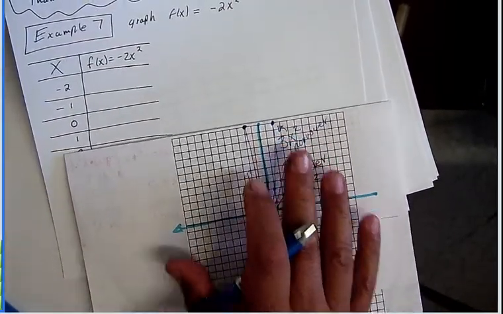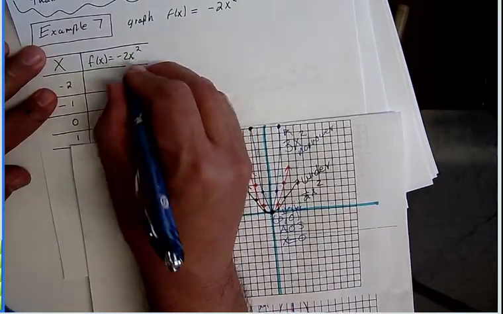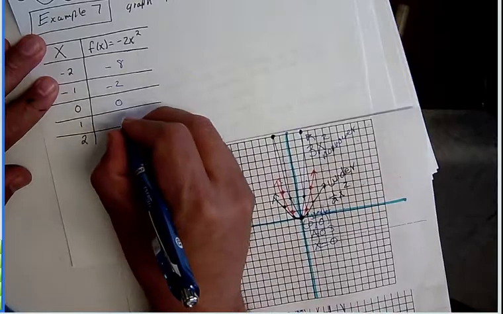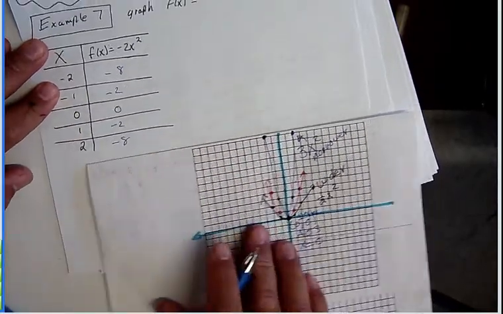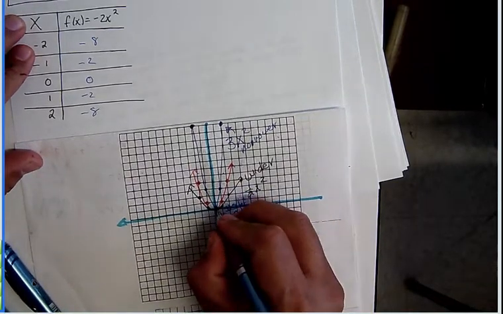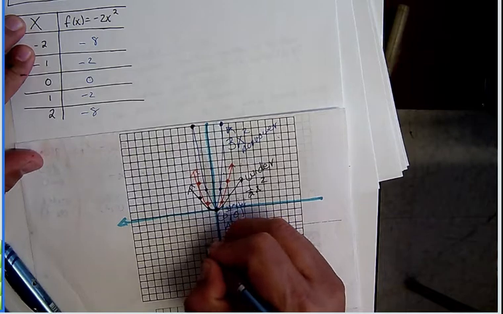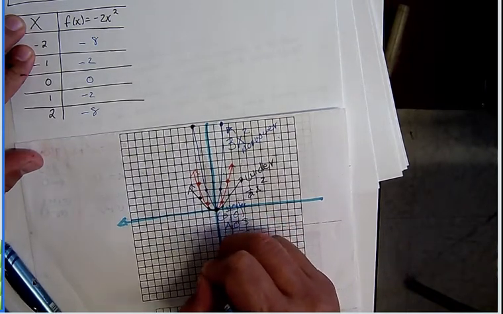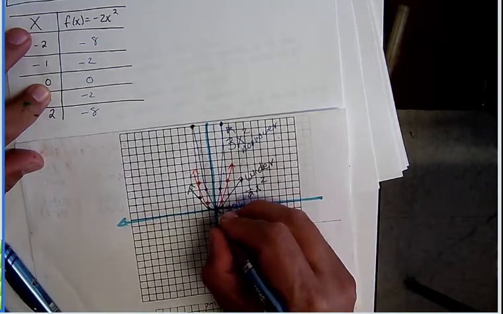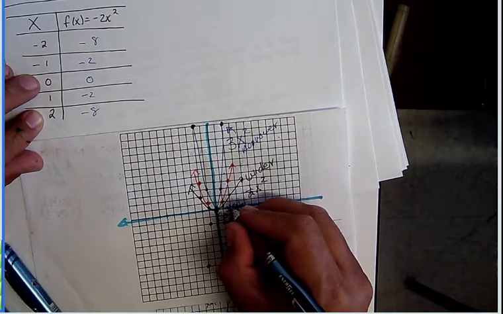So example 7, let me write the answers to this. If you substitute this into that x, that gives me negative 8, negative 2, 0, negative 2, and negative 8. So let's graph this. Negative 2, negative 8, negative 1, negative 2, 0, 0, 1, negative 2, and 2, negative 8.